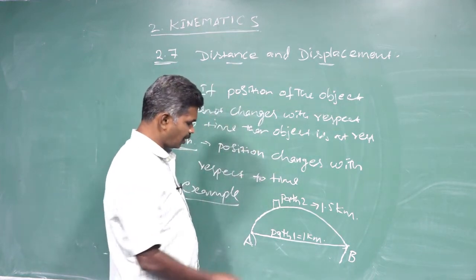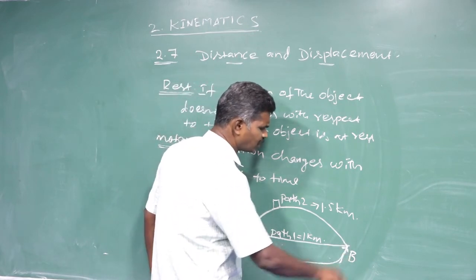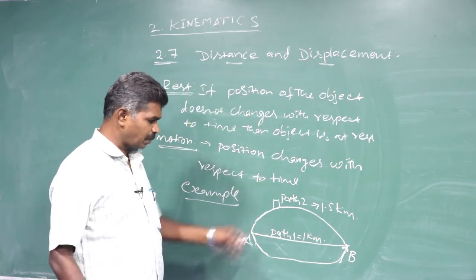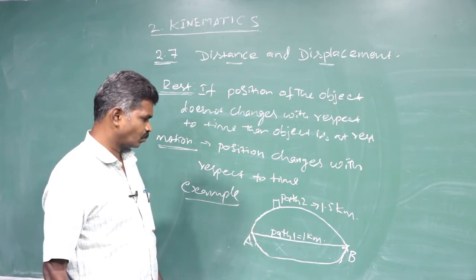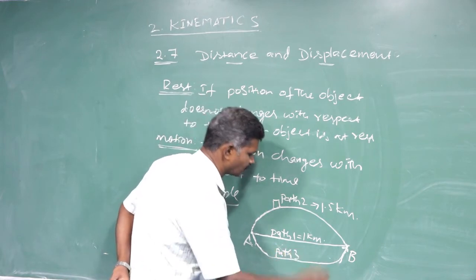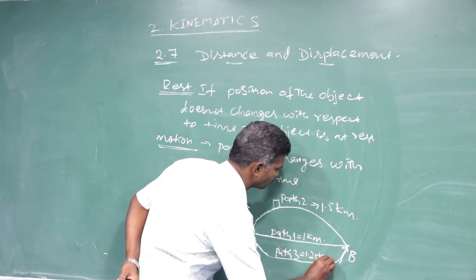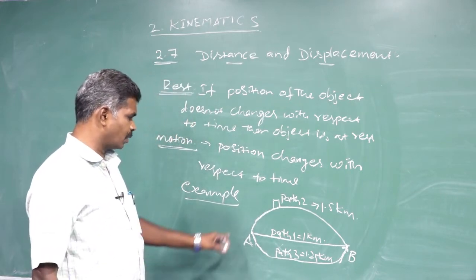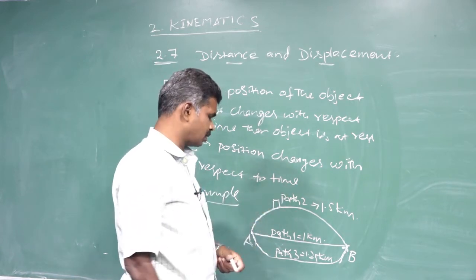Its path length is 1.25 kilometers. So he may travel from place A to place B in three paths.